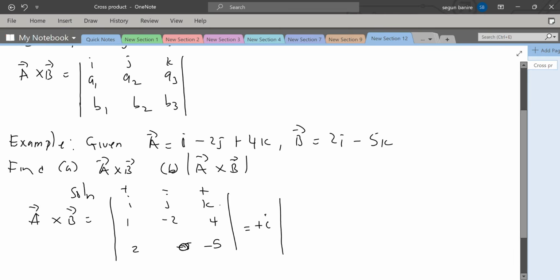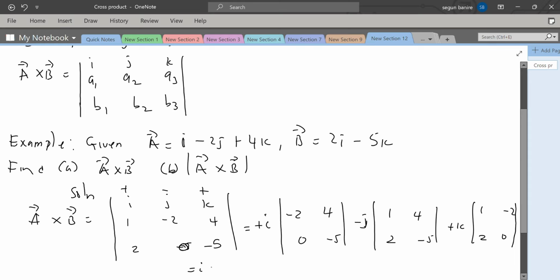You cover the row and the column of the i, so you are left with minus 2, 4, 0 and minus 5. The next is minus j. You do the same thing, cover the row and the column, and you are left with 1, 4, 2, minus 5. For the k you get 1, minus 2, 2 and 0.